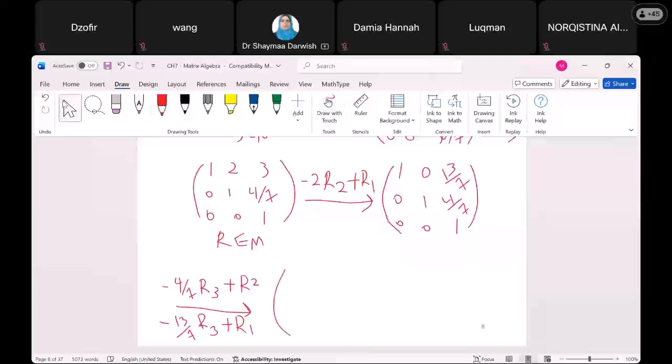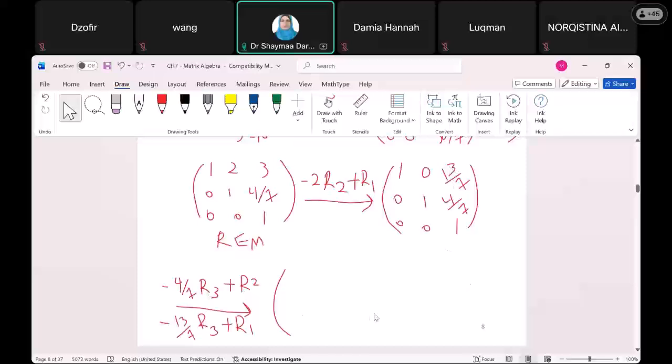I will multiply this leading one by -4 over 7, adding to this one to convert it to 0. I will multiply by -13 over 7, adding to this one to convert it to 0.